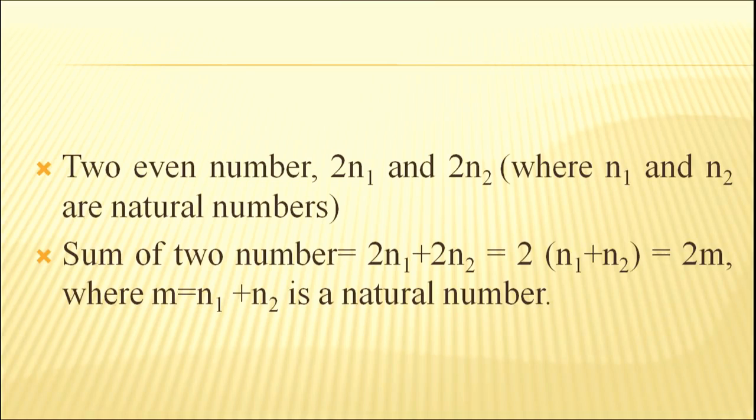Sum of the two numbers equals 2n1 plus 2n2. That makes 2 within bracket n1 plus n2, equal to 2m, where m equals the sum of natural numbers, that is n1 plus n2.